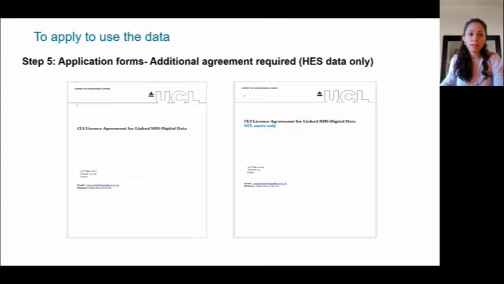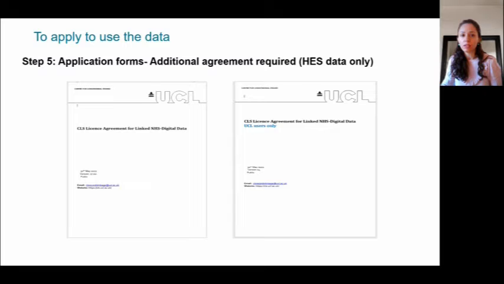Then if you're accessing the HES data, you also need to do this additional agreement. This is an agreement between your organization and UCL. So in this agreement, if you are a UCL researcher or from CLS, please note there is a variation of this form. You need to complete the one that says UCL users only.